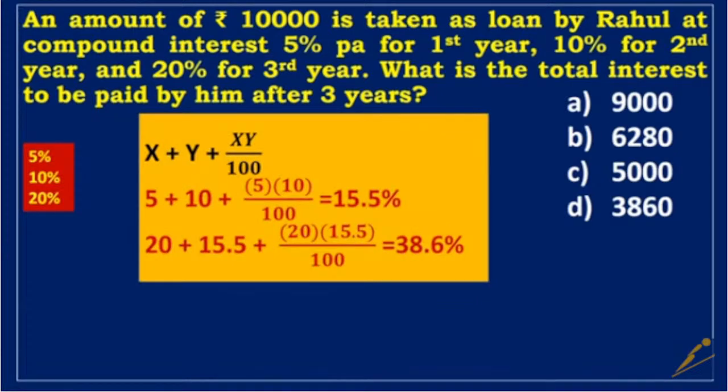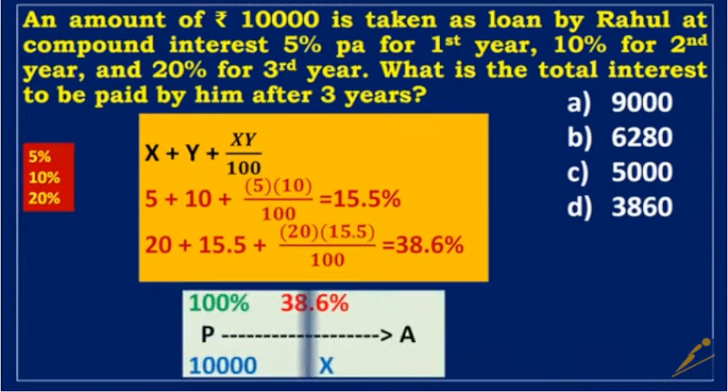Then the compound interest rate in 2 years is 15.5%. For calculating the net percent for 3 years, once again we use the effective percentage formula. That is 15.5 plus 20 plus 15.5 into 20 divided by 100. Therefore, the compound interest rate in 3 years is 38.6%.